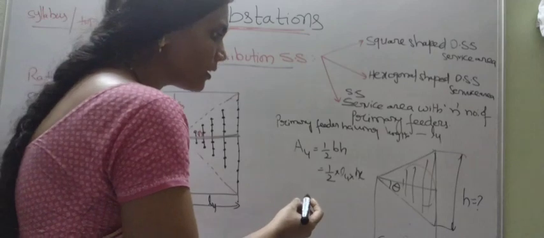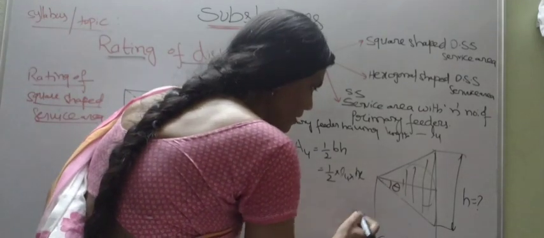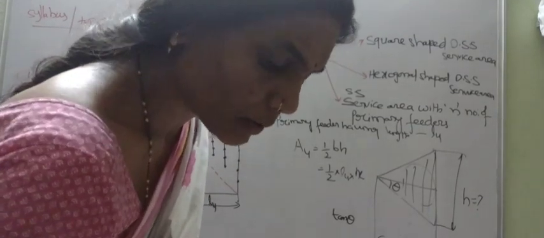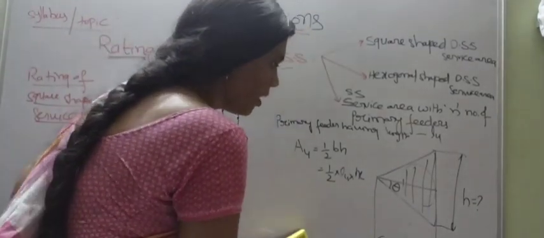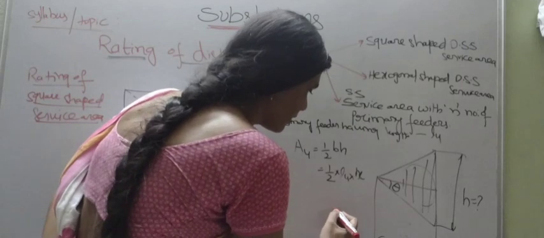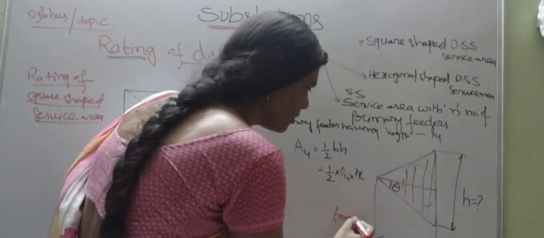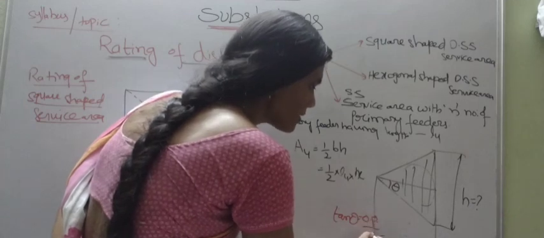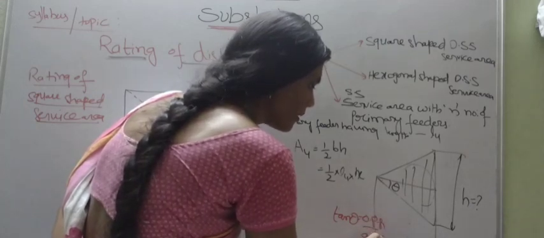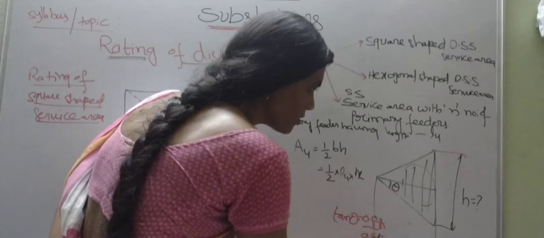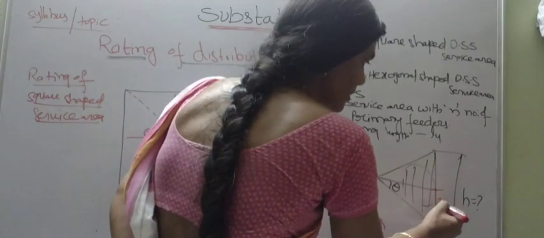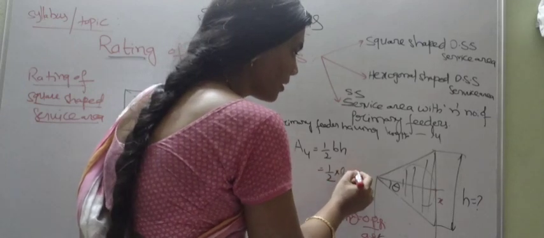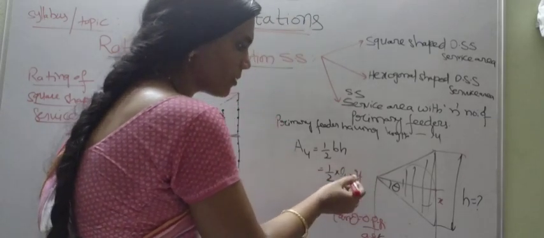How can we calculate this x? From tan theta equal to opposite side by adjacent side. Let us assume this is x and this is y.